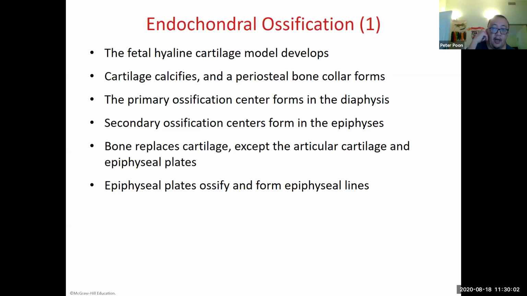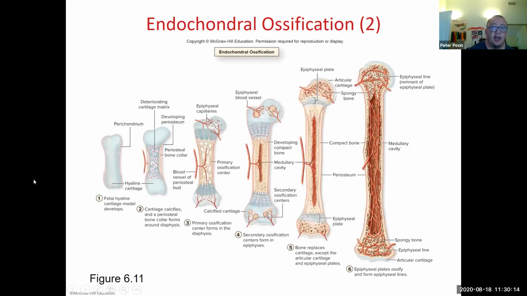Endochondral ossification forms all other bones. This is probably the more important one to understand. Your first skeleton, your fetal skeleton, is actually hyaline cartilage. The first thing that happens is these cells invade the center part of the cartilage, in the diaphysis, and form something called the primary ossification center.